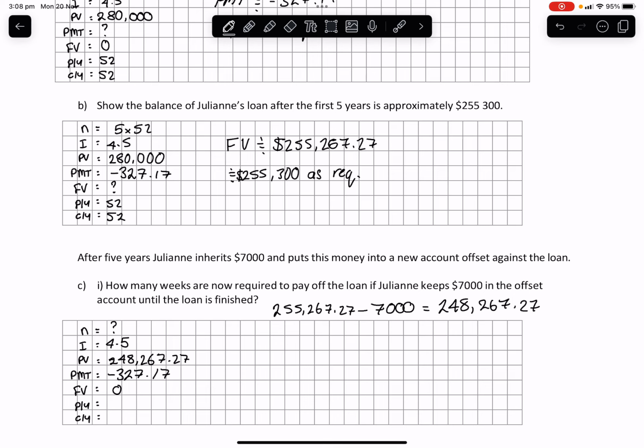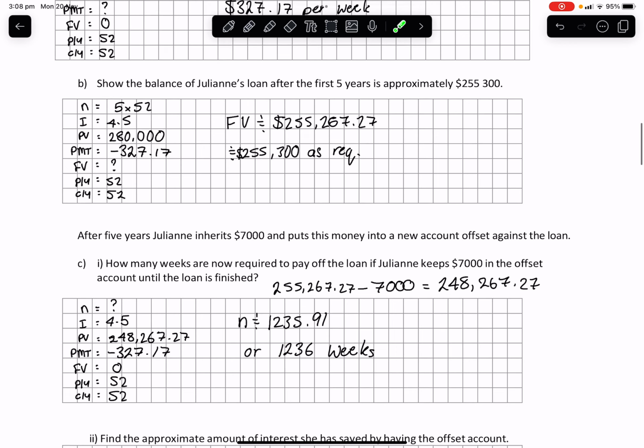I want $0 remaining, 52 and 52. We find N comes out to be 1235.91, or 1236, and we're looking at weeks. So it now takes a further 1236 weeks to pay off the remainder of the loan.